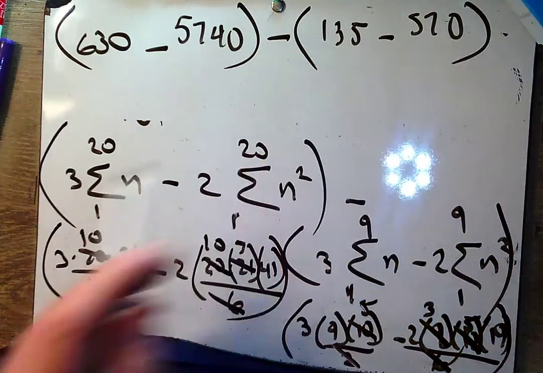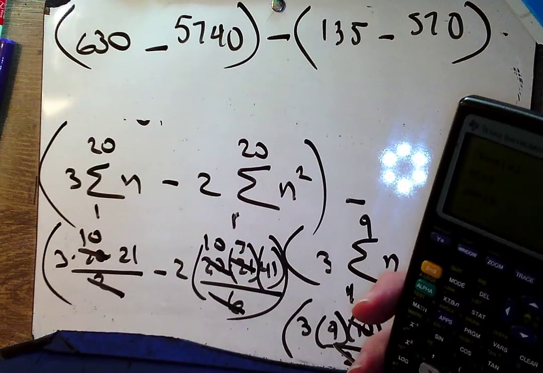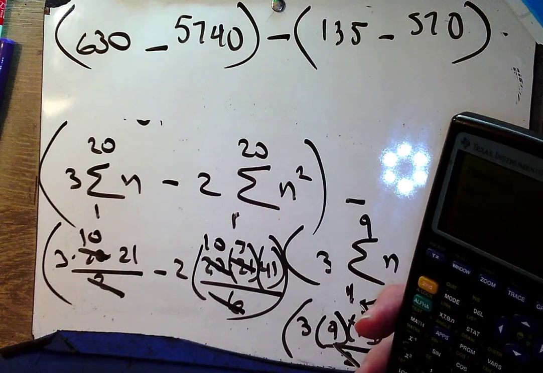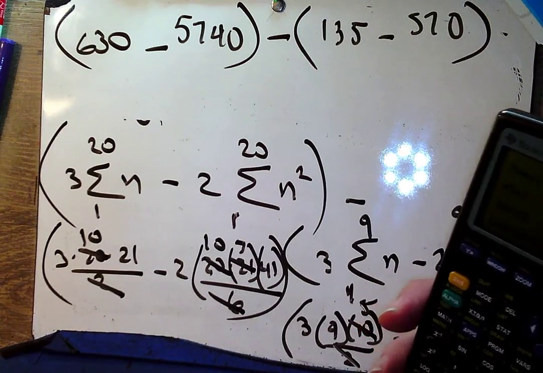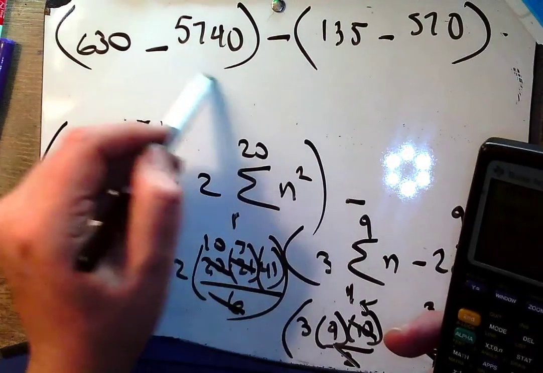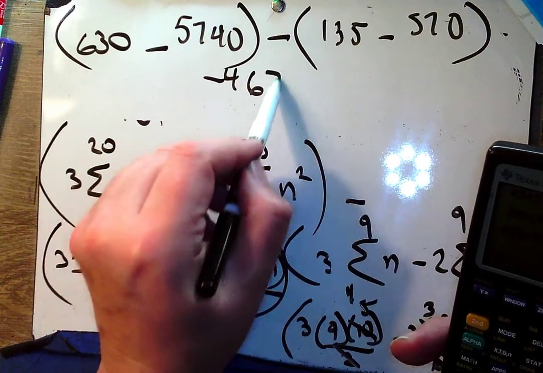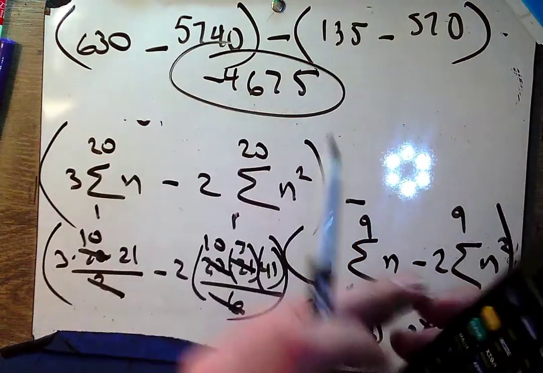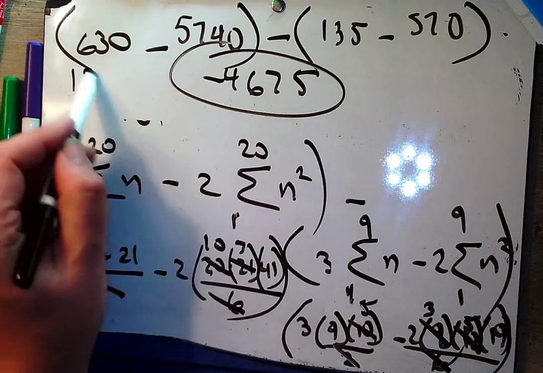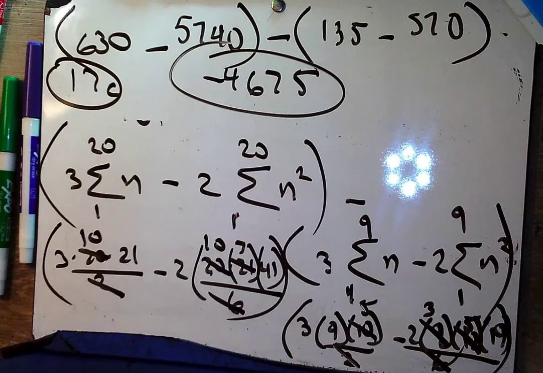Okay, so 630 minus 5740 minus 135, minus a minus is plus 570. And I think I get negative 4675. Okay, that was 17C.